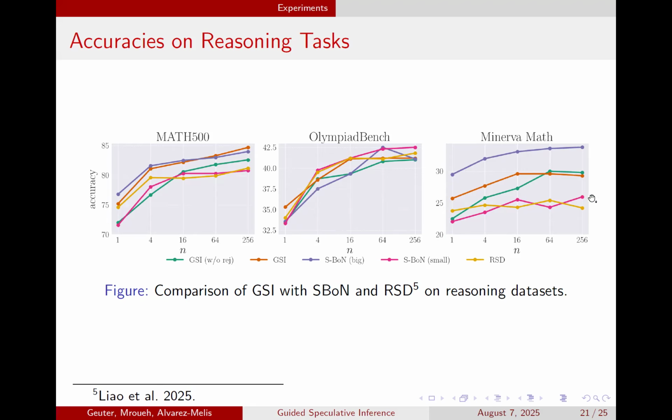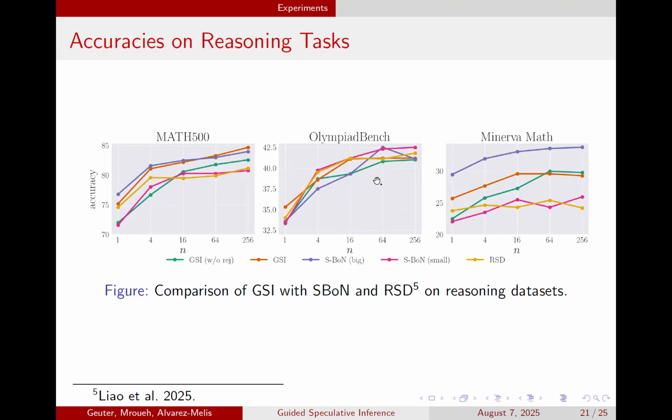On Minerva Math, this plot's maybe the one that makes most sense. With the same parameters as they used in this paper, the RSD actually performs very similar to soft best of n with a small model across all 3 data sets. Our 2 algorithms lie somewhere in between soft best of n with a small model and soft best of n with a big model. And then the soft best of n with the big model is this upper bound.